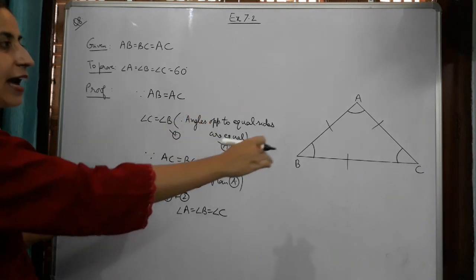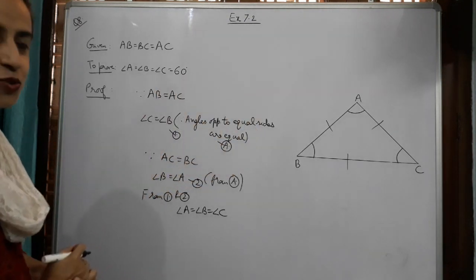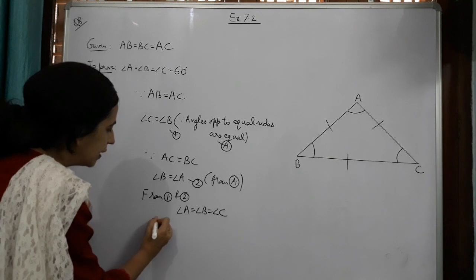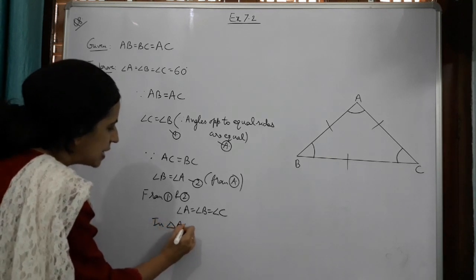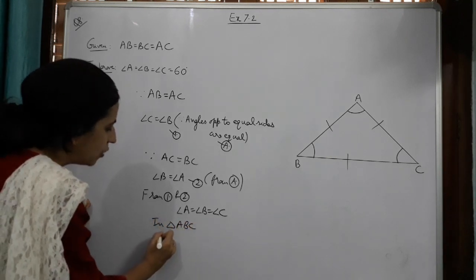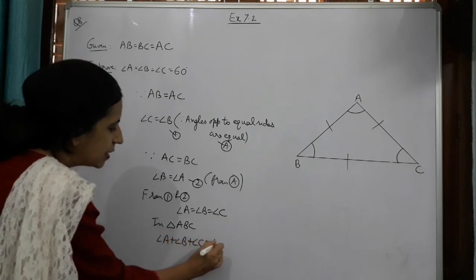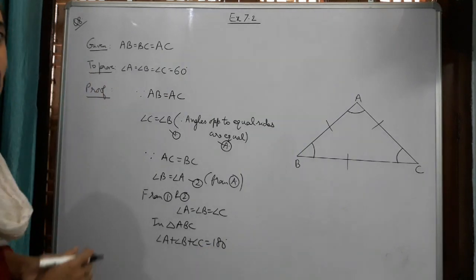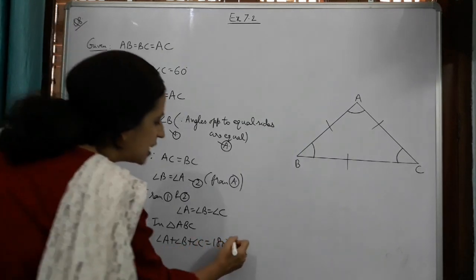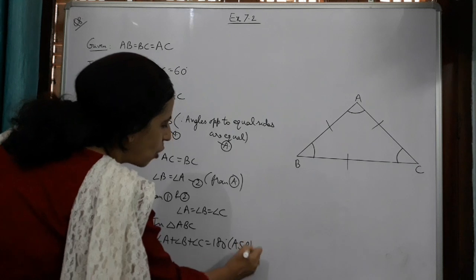Now we apply angle sum property in this triangle. So in triangle ABC, when we add all the three angles, angle A plus angle B plus angle C, it will come out to be of measure 180 degrees by the angle sum property.